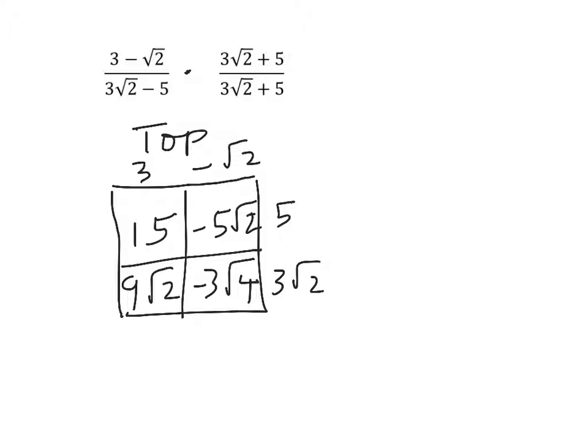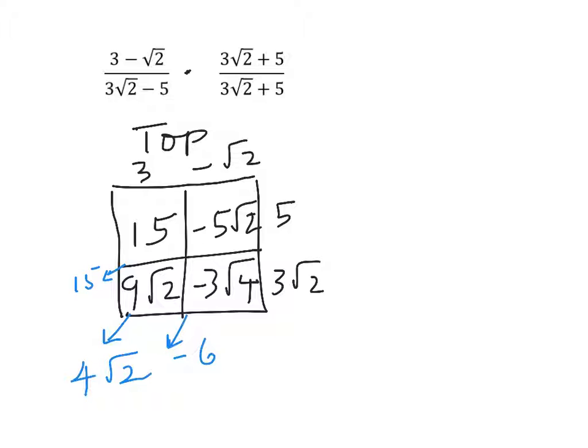Coming out from here will be 15, and here will be 4 root 2. We know that negative 3 times root 4 is the same thing as negative 3 times 2, which is negative 6. So it will be negative 6 coming out from there.